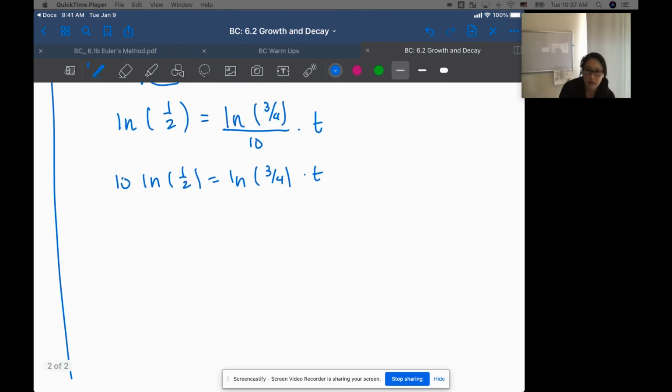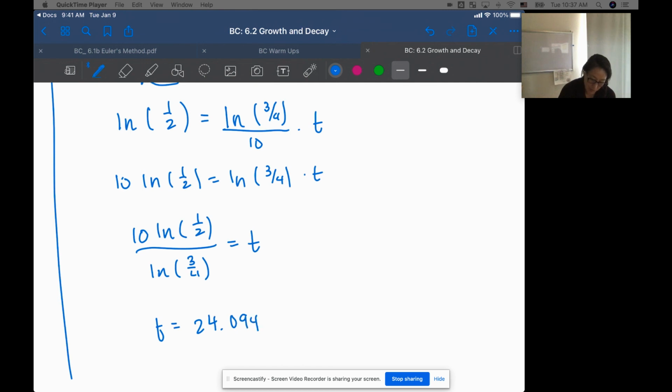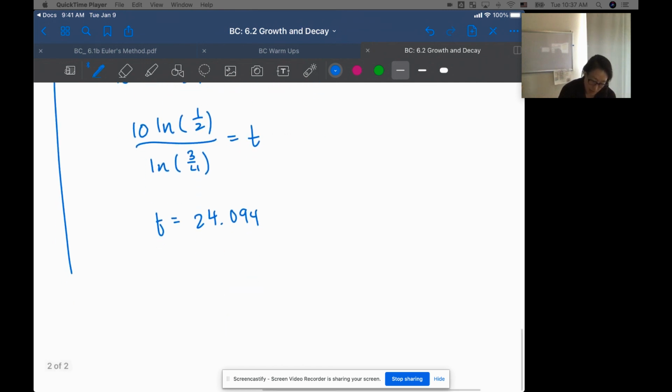Divide by the ln of 3/4. So I get 10 ln of 1/2 over the ln of 3/4 is equal to t. And that is equal to 24.094 minutes.